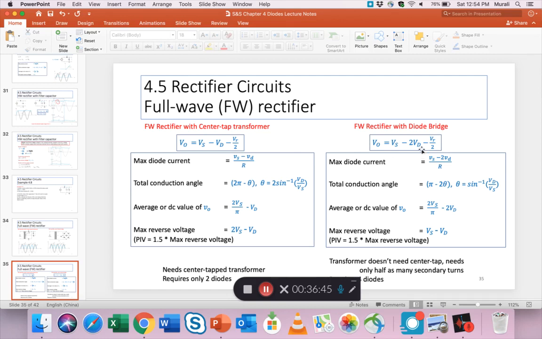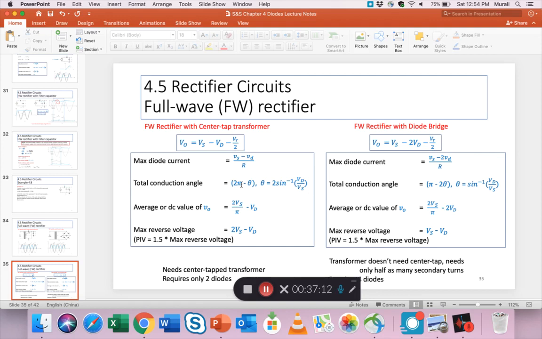But once you come to the right side, the rectifier with the diode bridge, the Vd now becomes 2 Vd, which you saw also in the previous graph. So there are some differences, and when we solve problems we have to remember to use the right formulas. The maximum diode current in this case is Vs minus Vd by R. Here it's Vs minus 2 Vd by R.